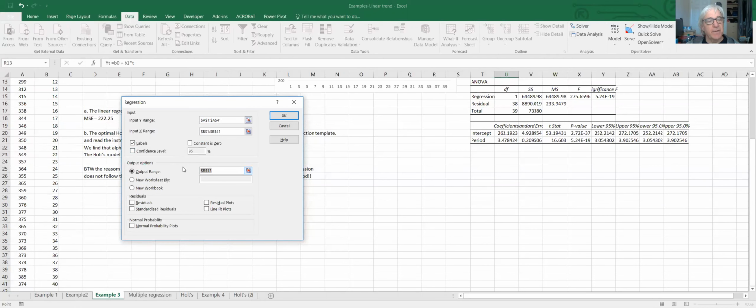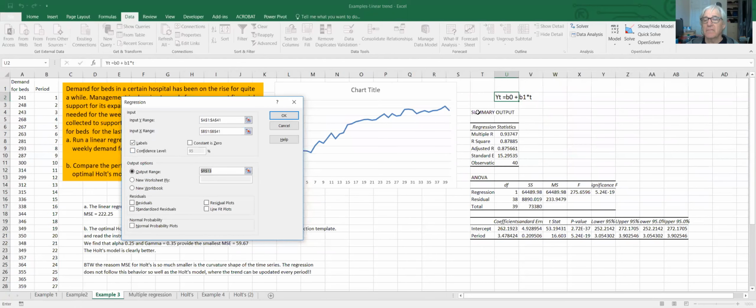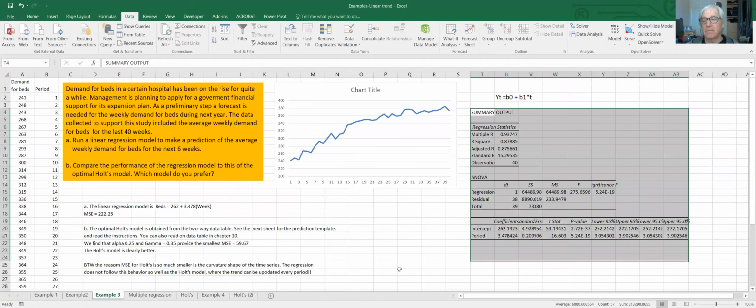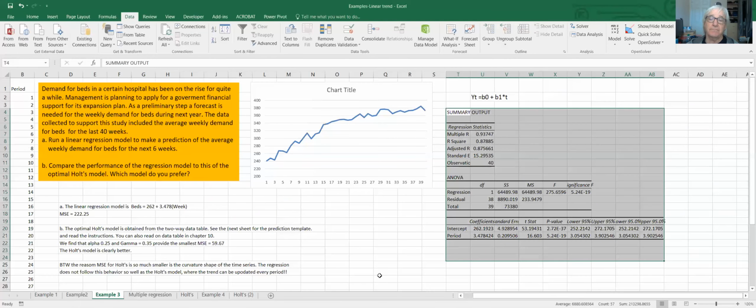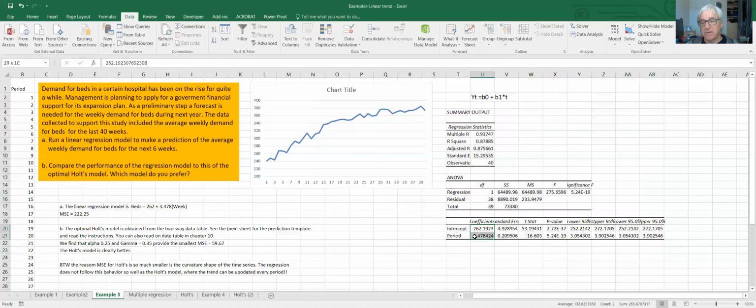So to obtain the equation, here you go. The equation is here: 262 for beta 0, 3.47 for beta 1.